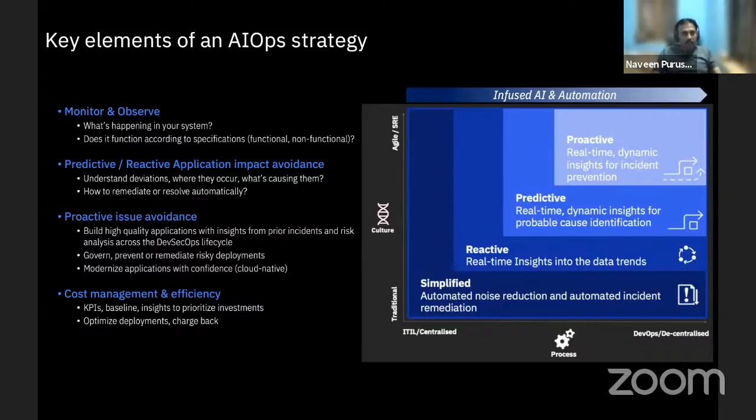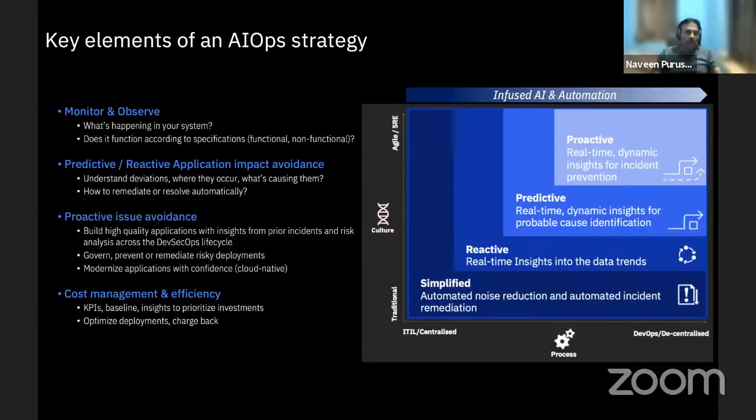The predictive and reactive application impact avoidance will leverage the data coming from the monitor and observe phase and apply machine learning algorithms on top of that and start providing predictions, either to solve a problem that has already happened, explaining based on past behavior the steps we have been taking, right?